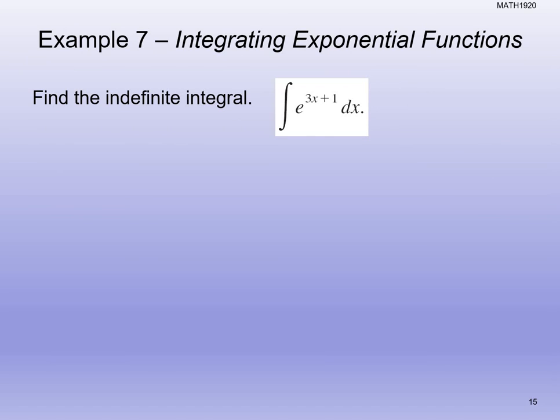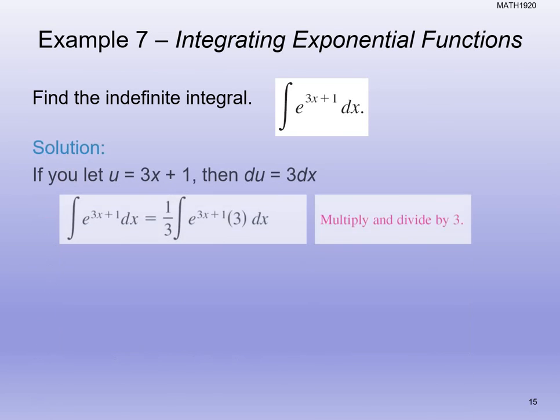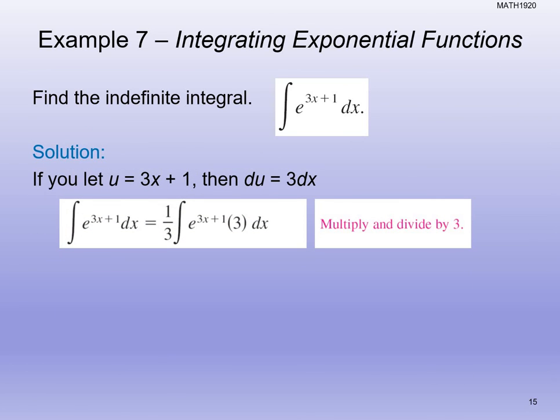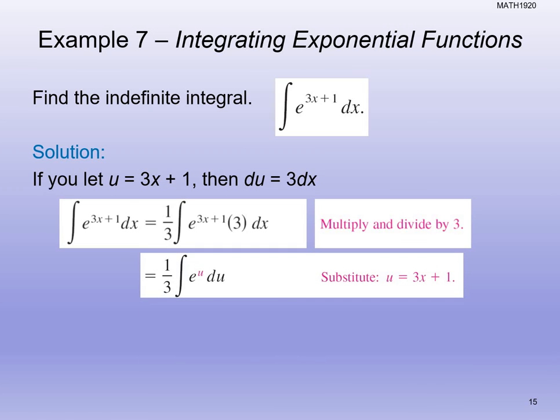All right, so we'll do a couple examples here. First one, we have the integral of e to the 3x plus 1. So in your mind, you're like, all right, I know this. u has to be 3x plus 1, okay? And then my du has to be 3, right? And then I have to rewrite that so that it works out when I do my replacement. So I know that I'm going to end up with 1/3 e to the u du, right?